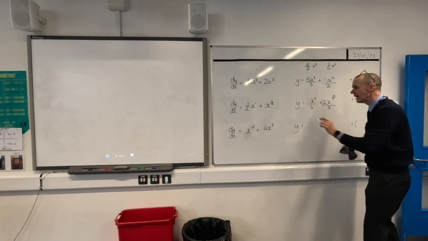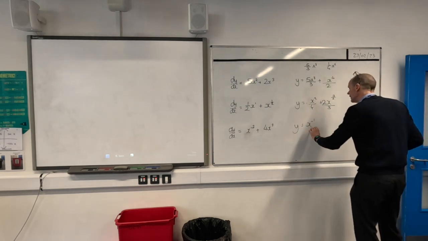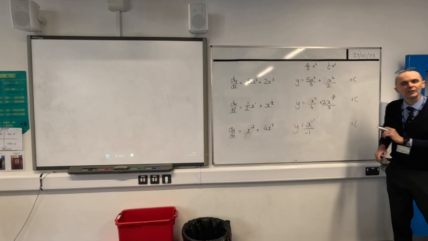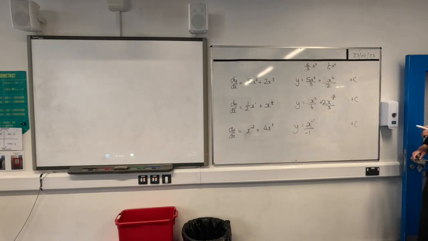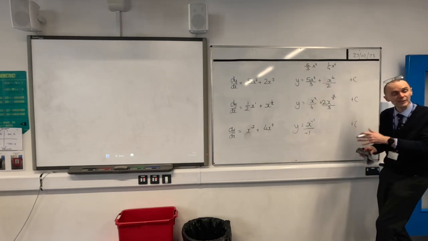And then over here, increase the power by 1, divide by the new power. Dividing by -1, please. Where divided by -1 makes it negative, and x to the -1 is 1/x.